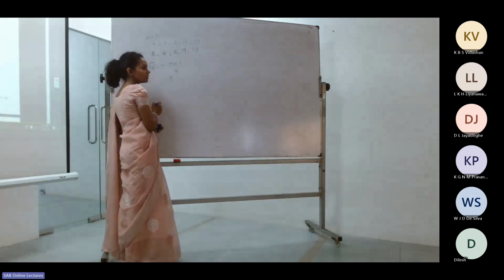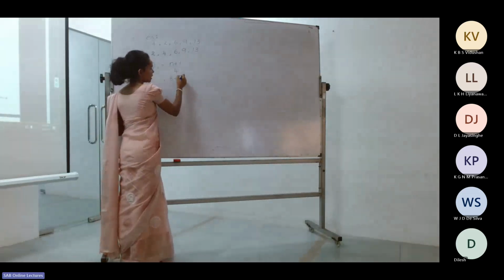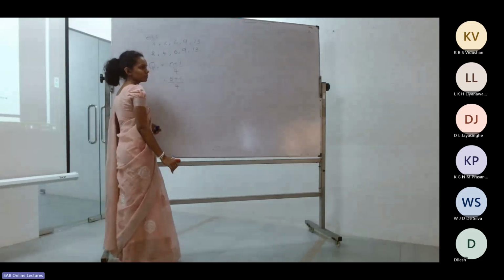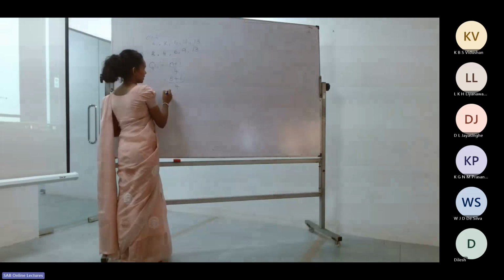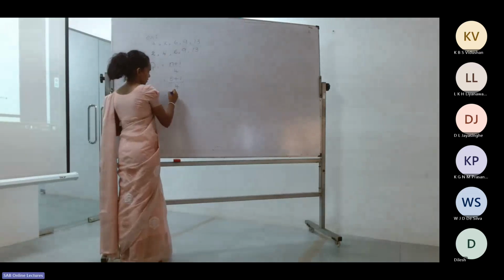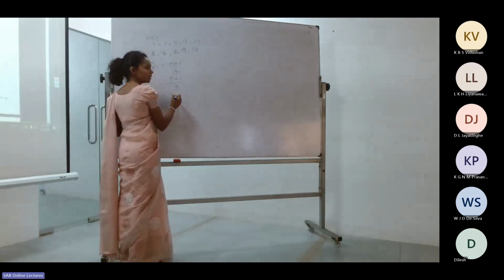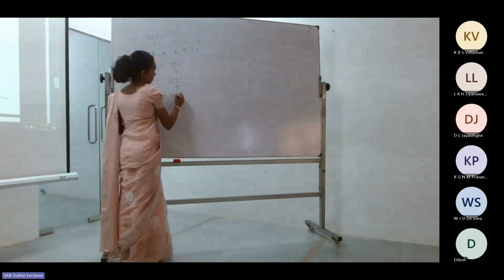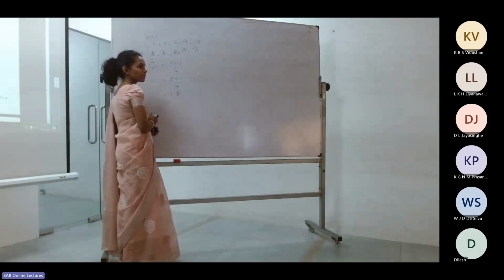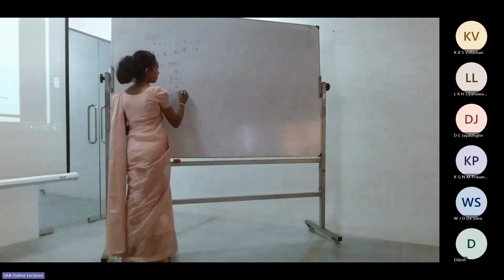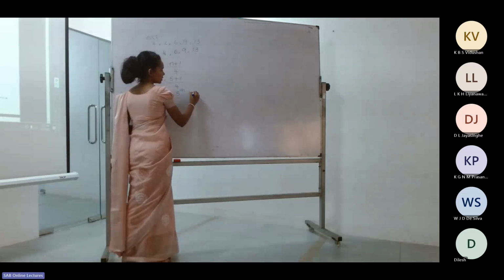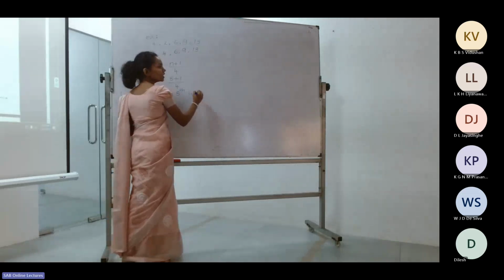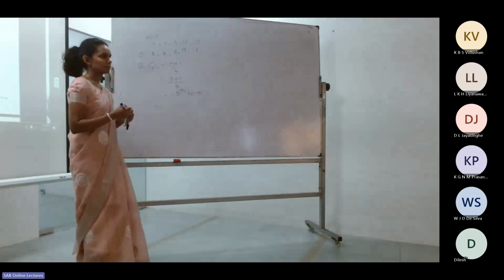N means the number of observations. Then (5 + 1) divided by 4. What is the answer? 1.5. It means the 1.5th term is the first quartile.